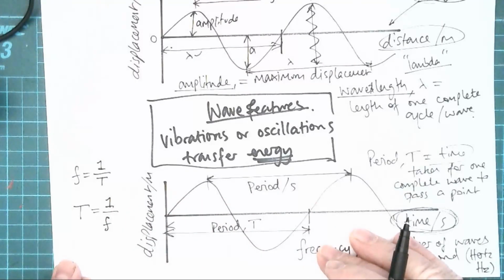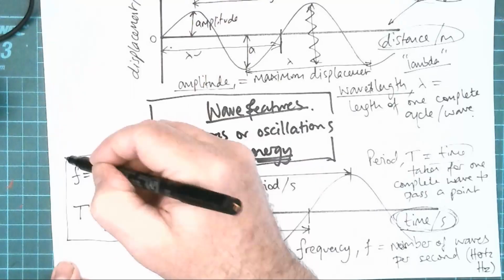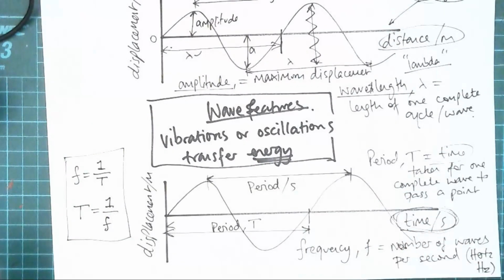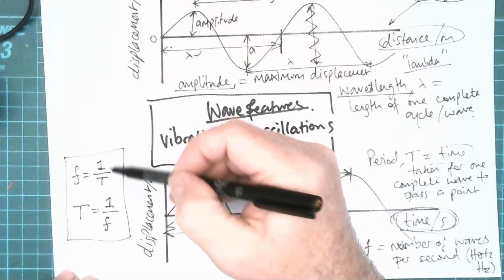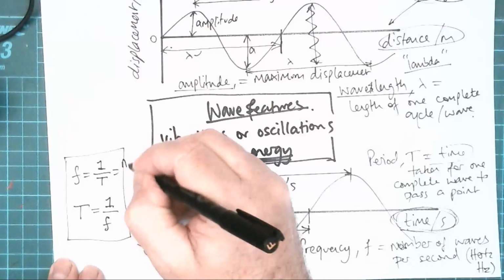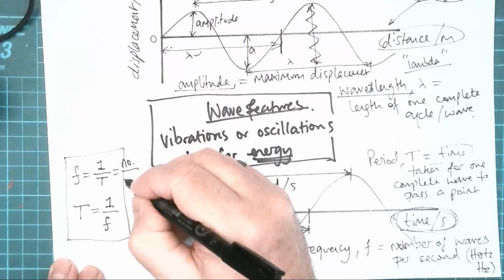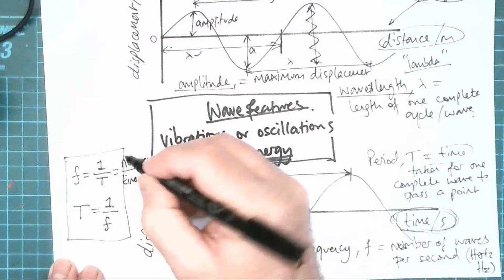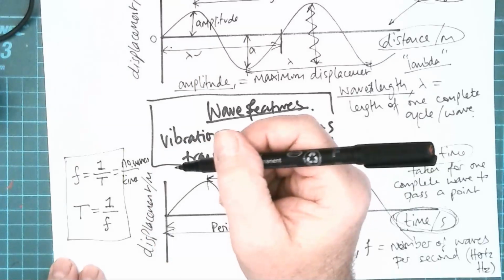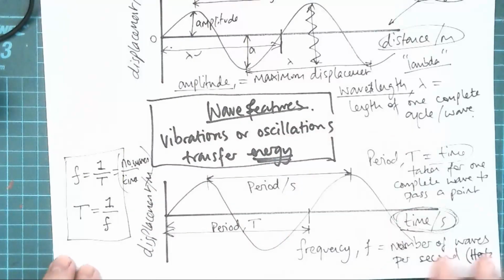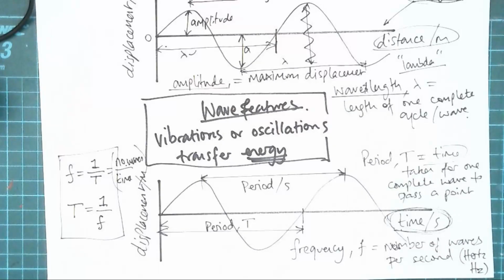Okay, so be aware of those two equations. They look confusing, but they're not really. Okay, number of waves per second. We could think about that as number of waves per time. Okay, that's a bit messy, but I'm sure you can do a better version.